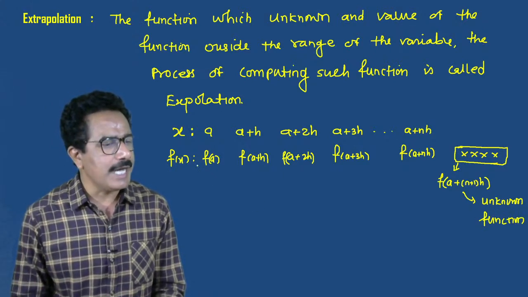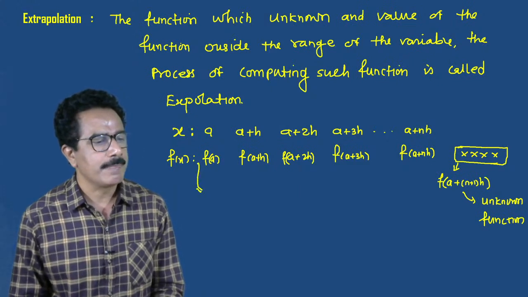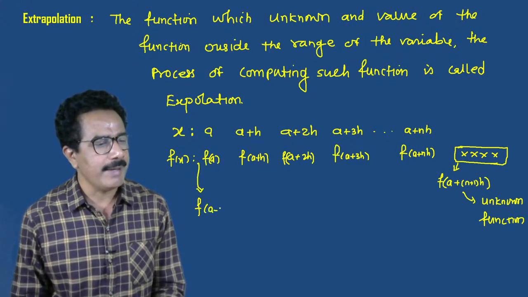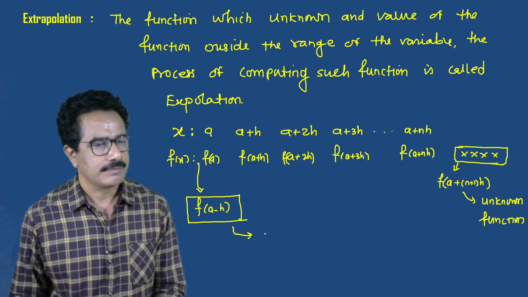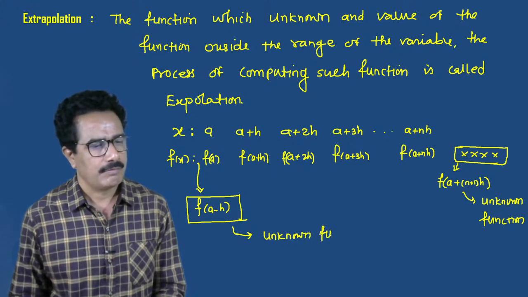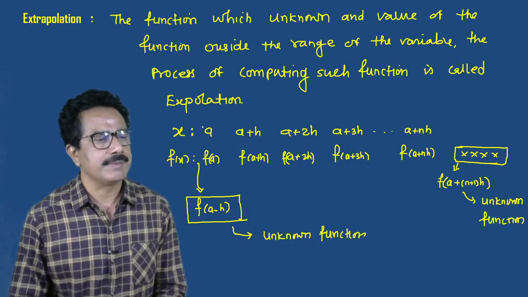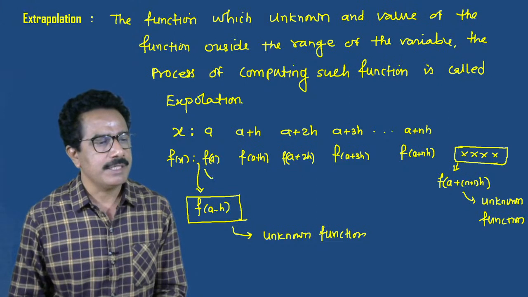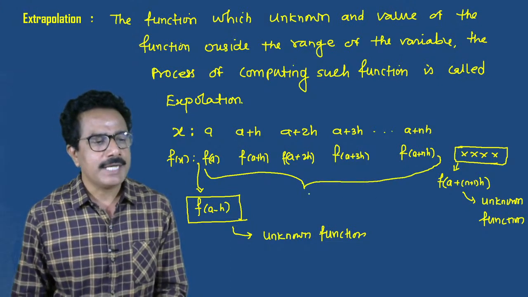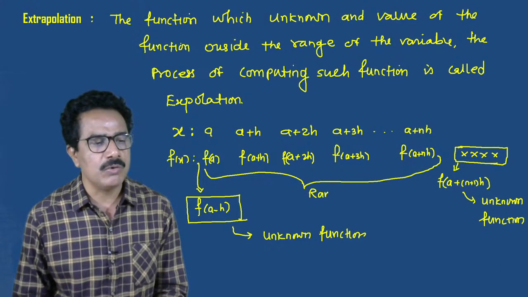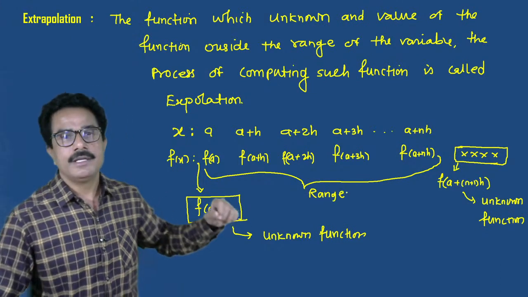Or we can write the unknown function here also, f(a minus h), which is unknown. Actually, this is the given range, but the unknown function is out of the range.